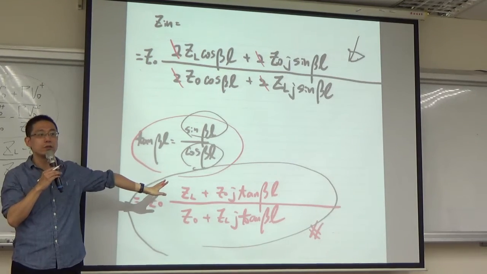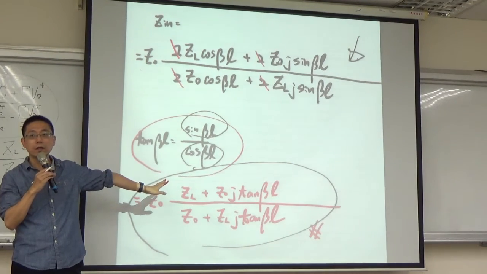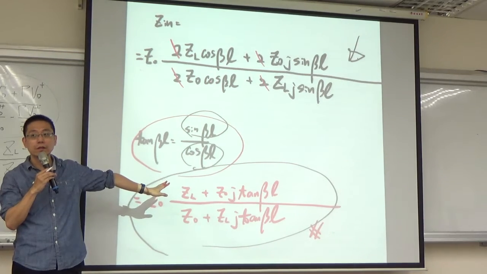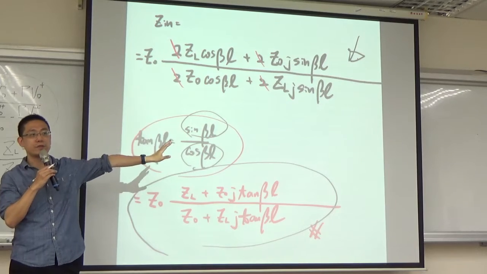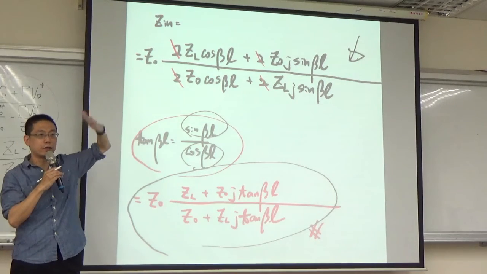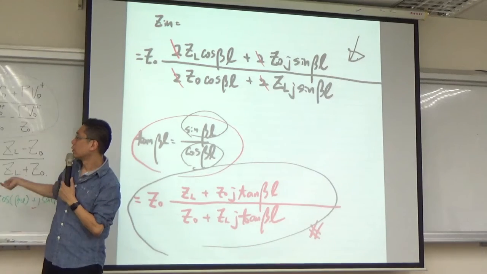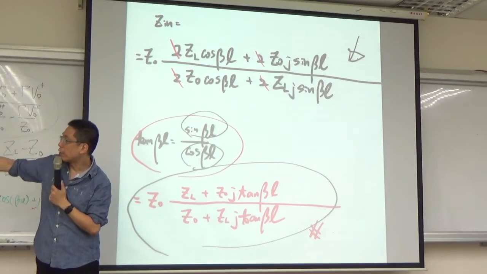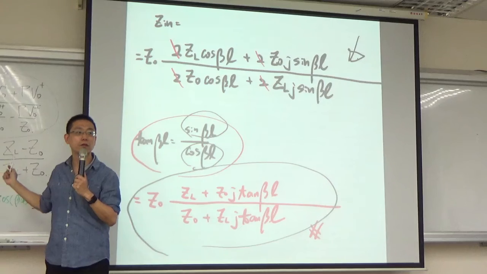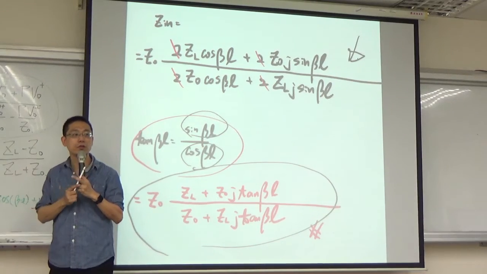Just use this equation. Okay? If you have a question, maybe you can see my website. I put the detailed derivation on the website as well. But I think the main points are these definitions and equations.